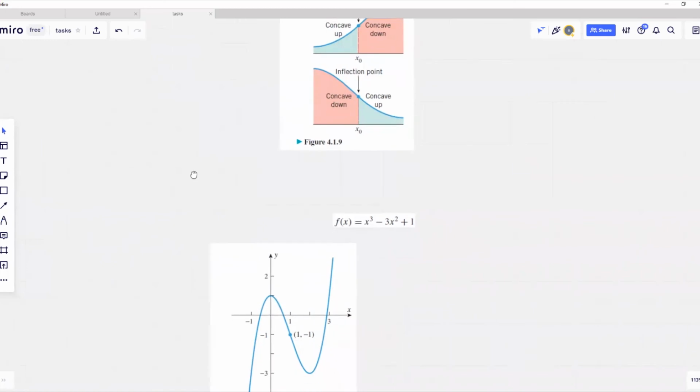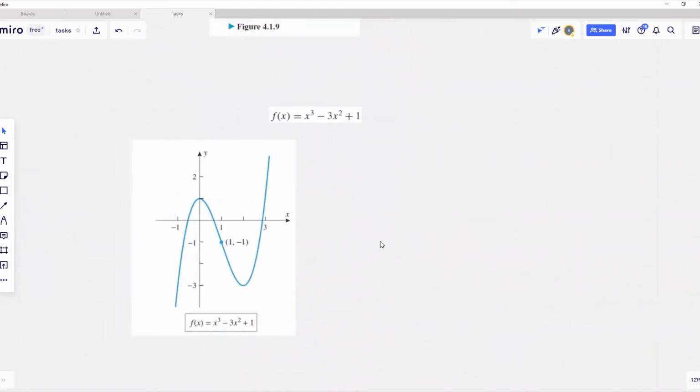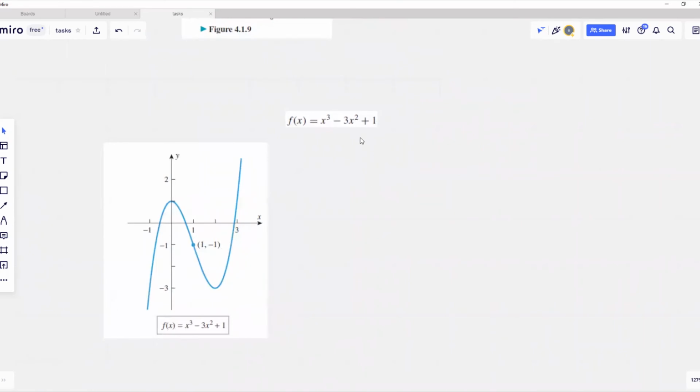Now let's use the techniques that we learned so far to do the full analysis of the following function. Let's find intervals where our function is increasing, decreasing, intervals where it is concave up, concave down, and let's find inflection points.